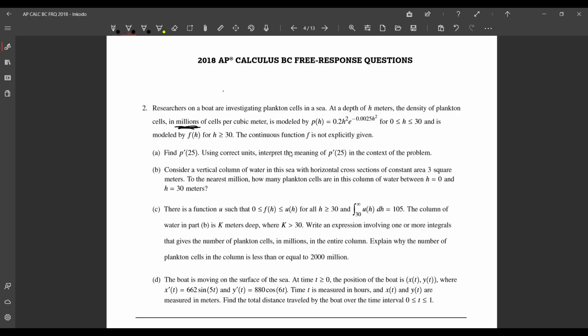I'm just going to write that to remind myself the units, because units tend to be kind of tricky. So here's the density, and it's modeled by f of h for h bigger than 30, so the depth. We're going from here to 0, and we're going down.